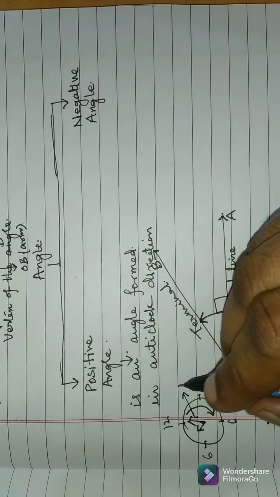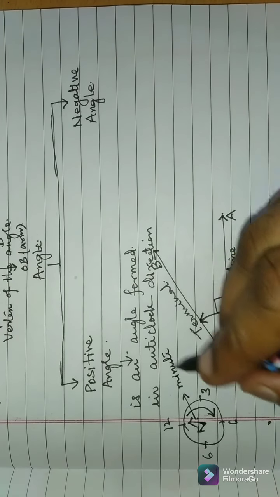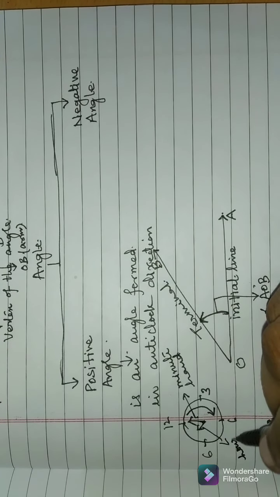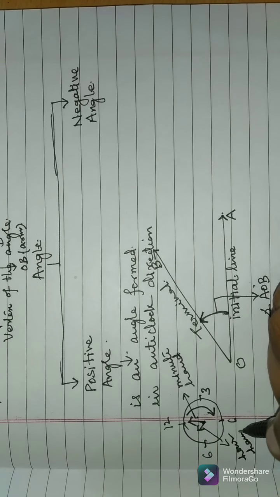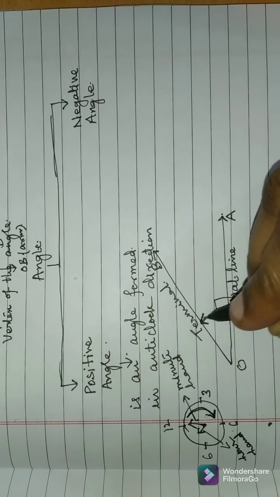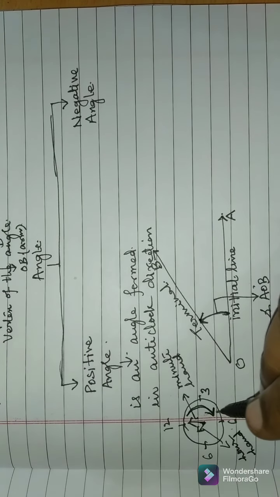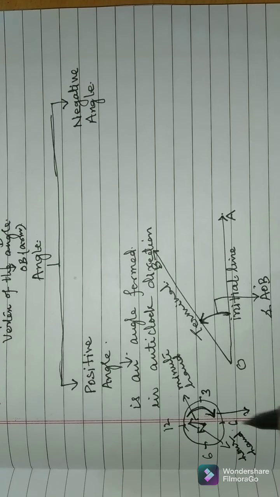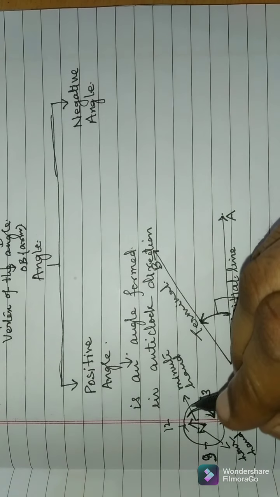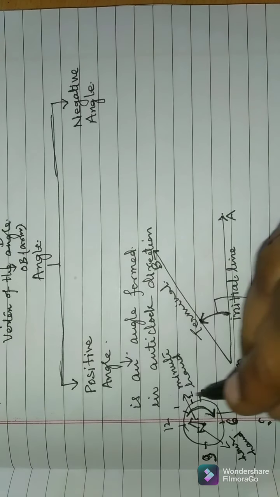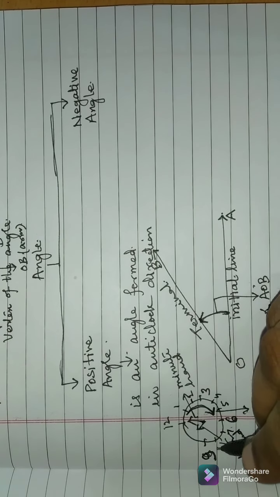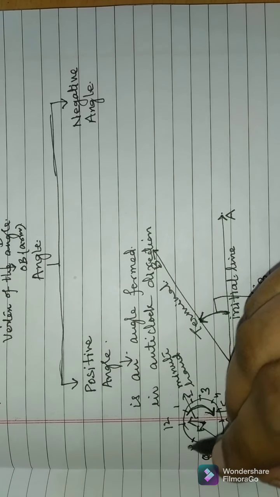Suppose this is the minute hand, this is the hour hand, but both move in this direction, and the opposite direction is anti-clockwise. So this is the clockwise direction, and this is 9, 1, then 2, 4, then 5, 7, 8, 11.